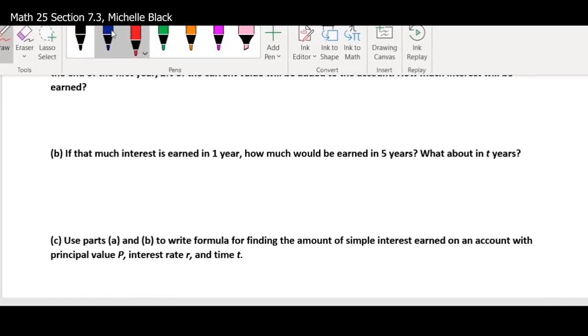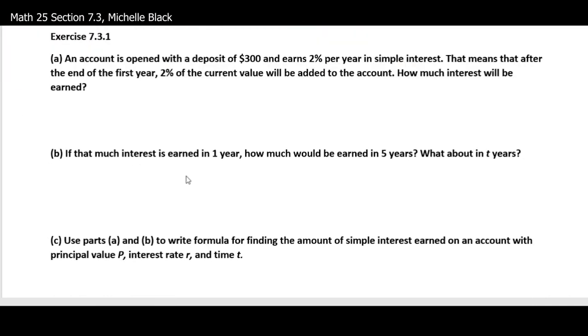Exercise 1. An account is opened with a deposit of $300 and earns 2% per year in simple interest. That means that after the end of the first year, 2% of the current value will be added to the account. How much interest will be earned?